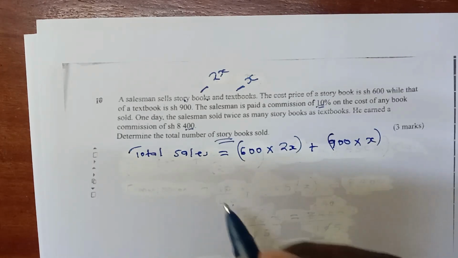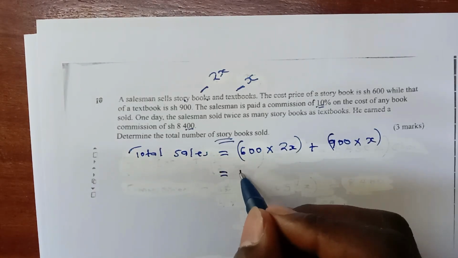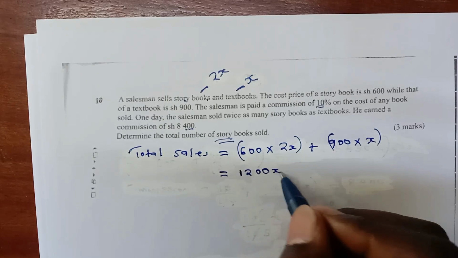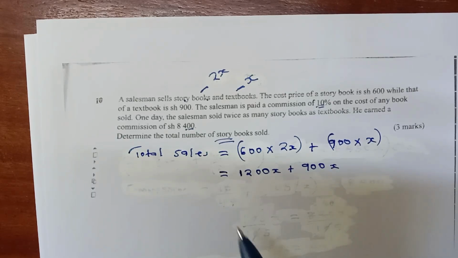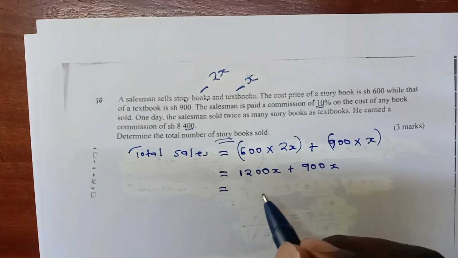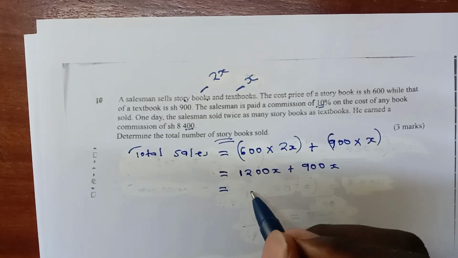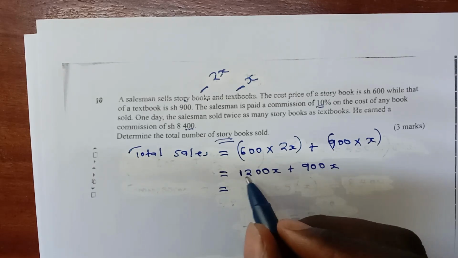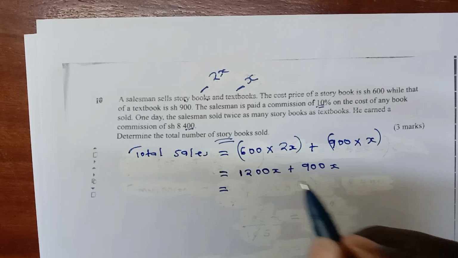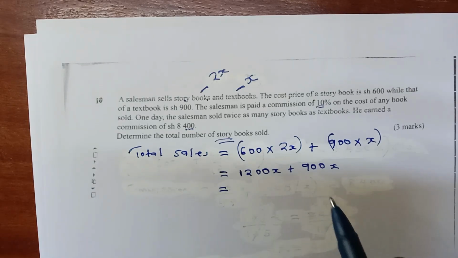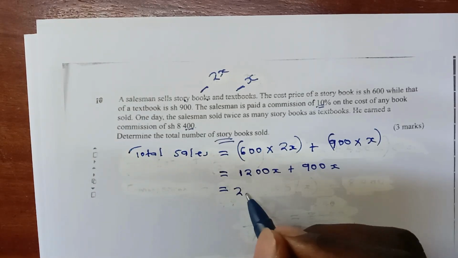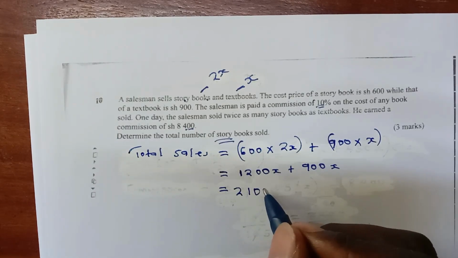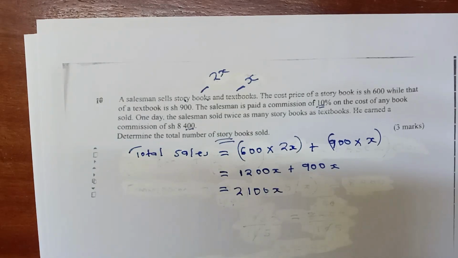X. So in this particular case, you'll have 1200X plus 900X, which translates to 2,100X. Quickly inserting this in your calculator, 1,200 plus 900 gives us 2,100 as the coefficient of X. So this is the total sales in shillings.